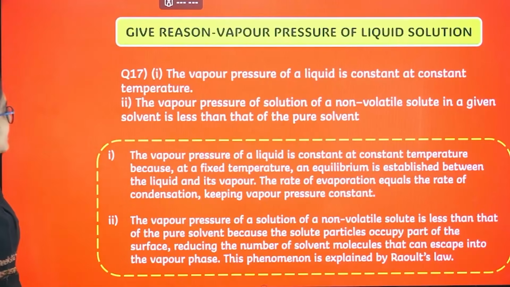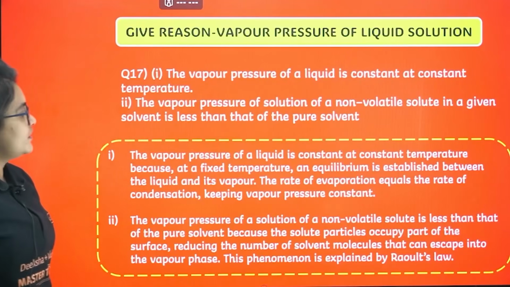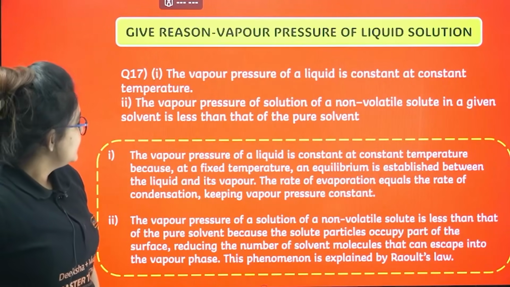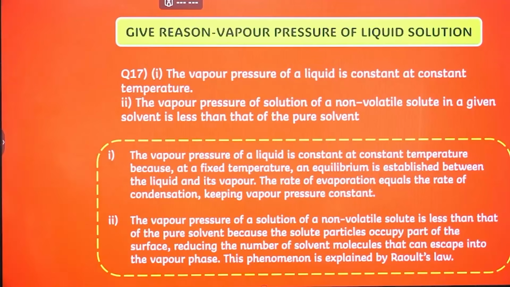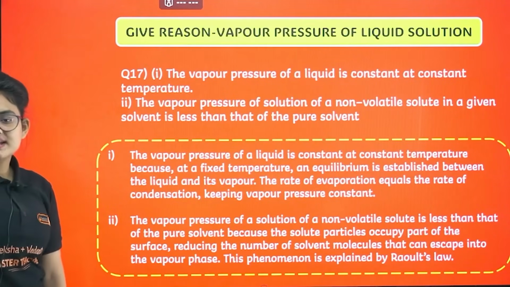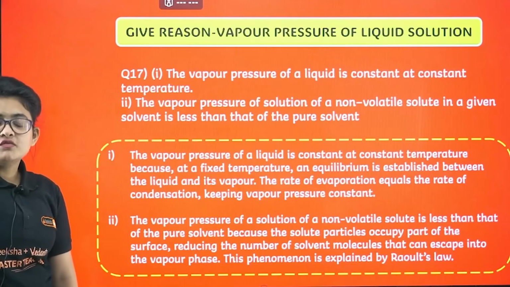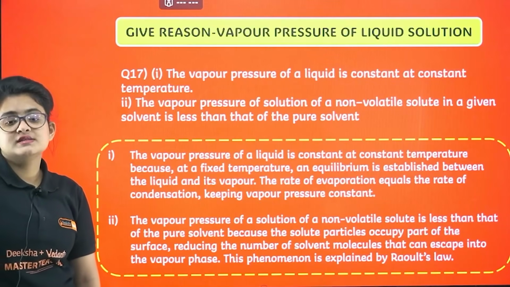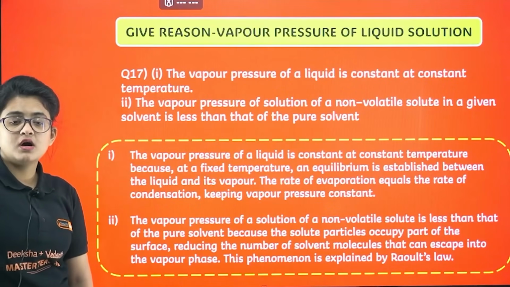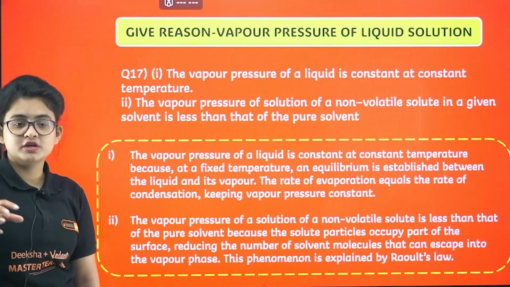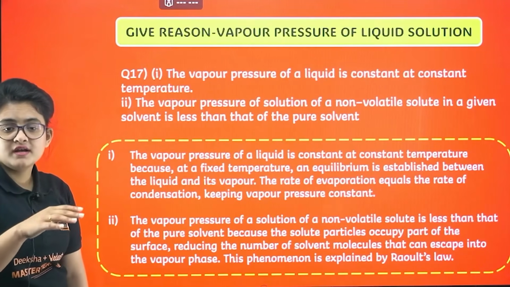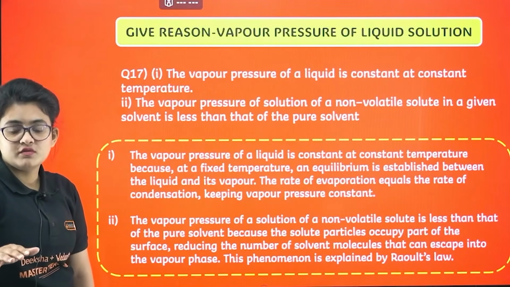Next, the vapor pressure of a solution of a non-volatile solute in a given solvent is less than that of the pure solvent. Whenever you add a non-volatile solute to a volatile solvent, the solute molecules get accommodated on the surface of the solvent.